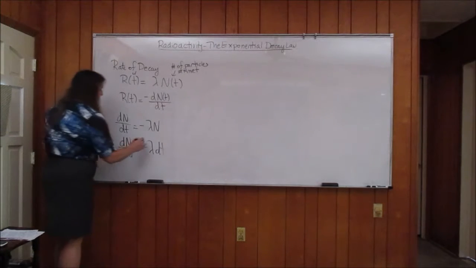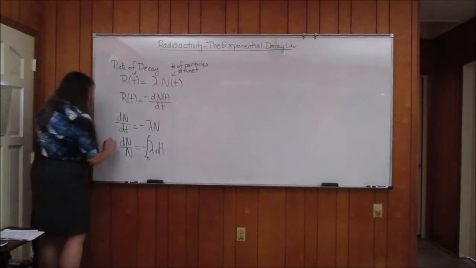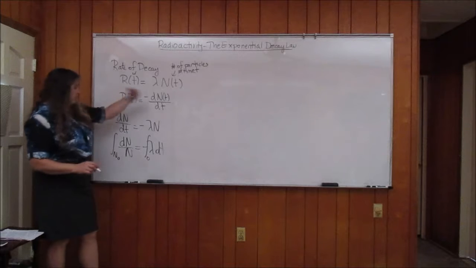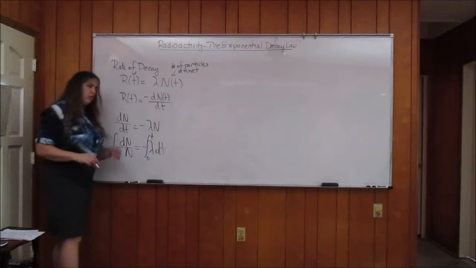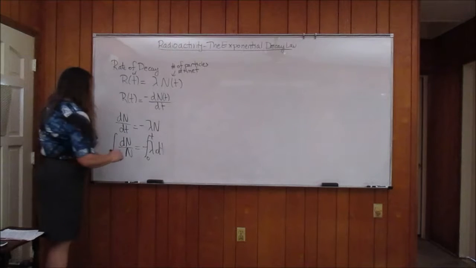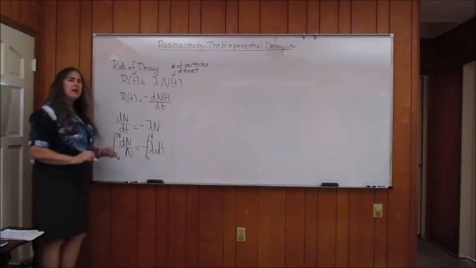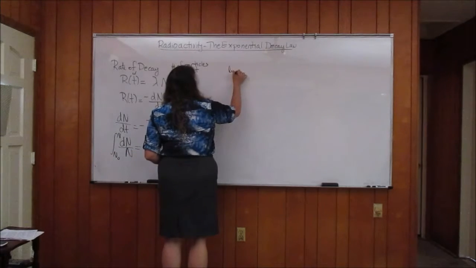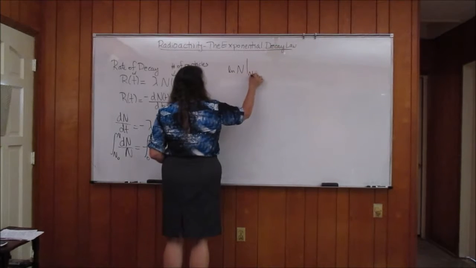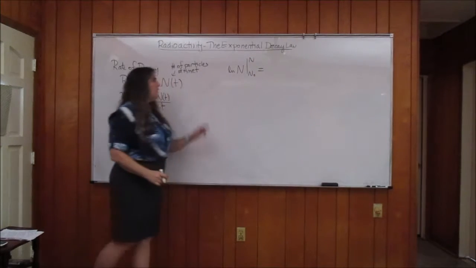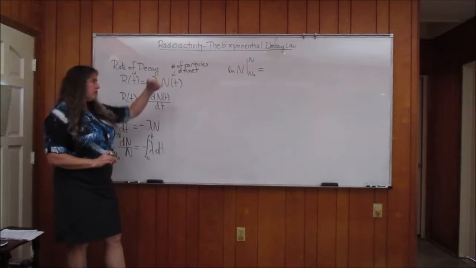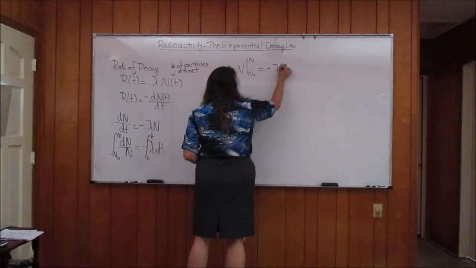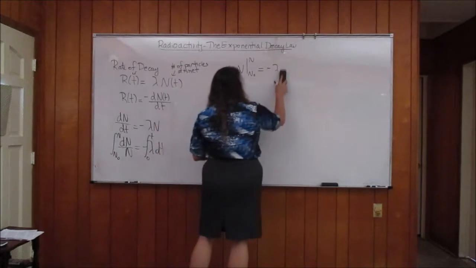When I integrate from time 0, and at time 0, I know that I have N naught nuclei, and I go up to some future point in time, time t, and we'll just call that N. So to do the math here, this integral is just going to be natural log of N evaluated from the initial number of particles up to some final number of particles, and minus lambda t.